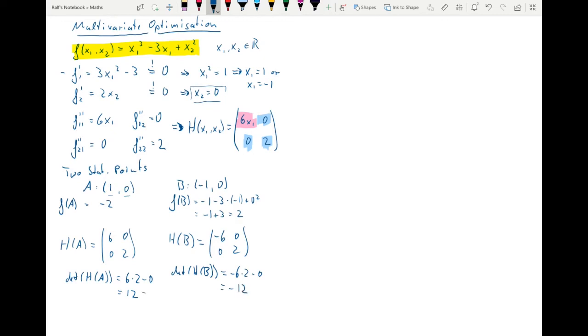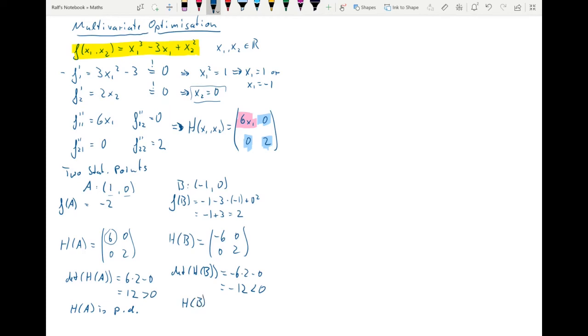Importantly, what we are really only interested in is the determinant and how it is relative to 0. So here, HA is positive definite, because we have a determinant larger than 0 and our diagonal element is positive. What about HB? Well, we have a negative determinant.